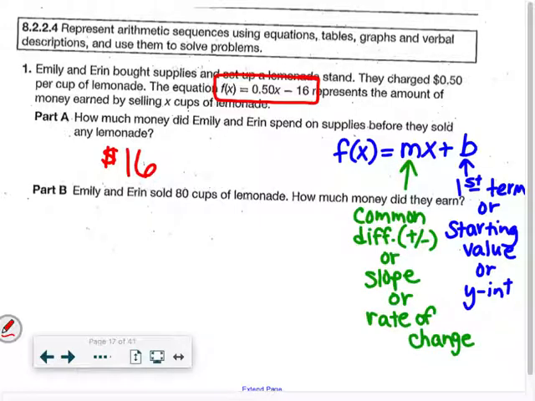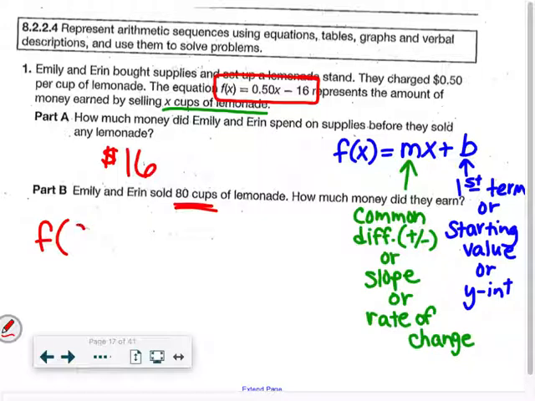Spending that money makes it a negative. So they haven't made any money yet. They buy their supplies first. So they spent $16. Part B, Emily and Aaron sold 80 cups of lemonade. How much money did they earn? Well, x, reading the problem up at the top, is cups of lemonade. So x, the variable, represents the cups of lemonade.